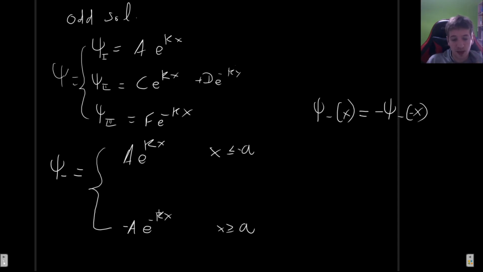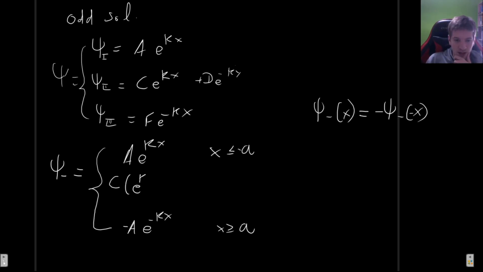So we're going to have the same, but with a minus, which is exactly what we want with odd solutions. Now for region number 2, with the exact same logic, we're going to get that C is going to have to be equal to minus D, or D is going to be equal to minus C, but it's the same.